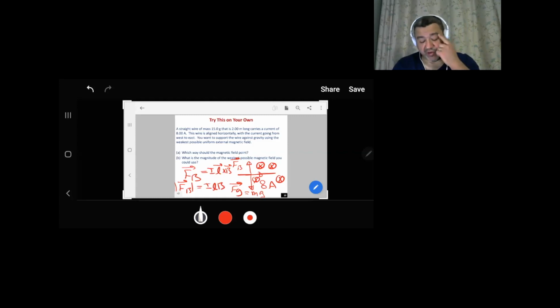So we have the current times the length of the wire times the magnetic field equals the force that you are going to get from the gravitational force, and then you can calculate the magnetic field.